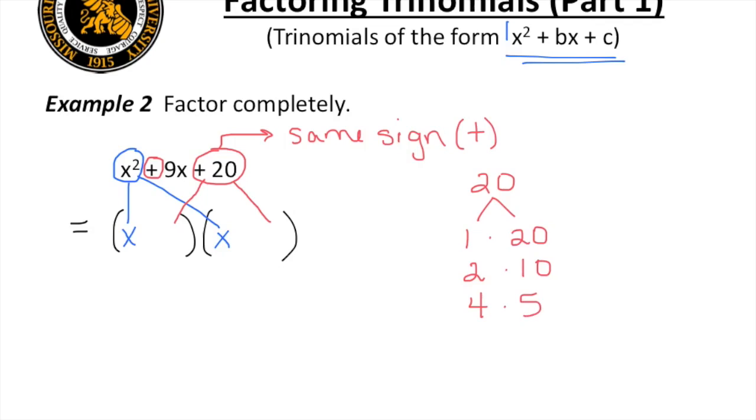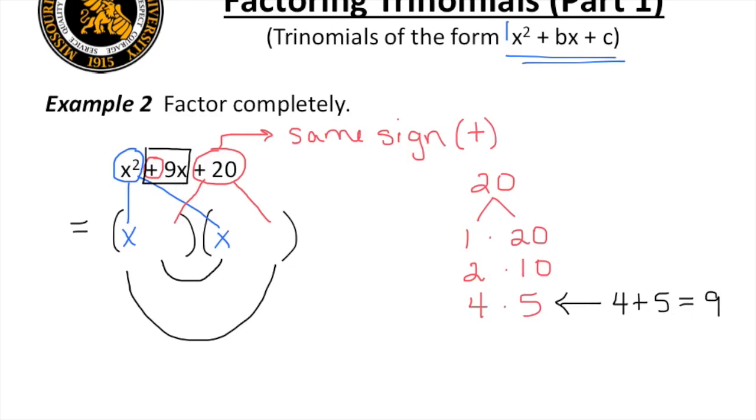When trying to determine which factor pair to use in our binomials, we must remember that our inner product plus our outer product must equal the 9x, in this case the middle term in our trinomial. So if we look at the factor pair of 4 times 5, notice that 4 plus 5 does give us the 9 that we need.